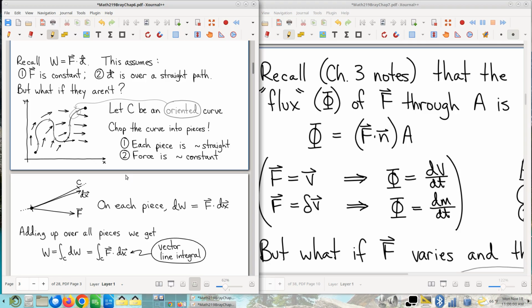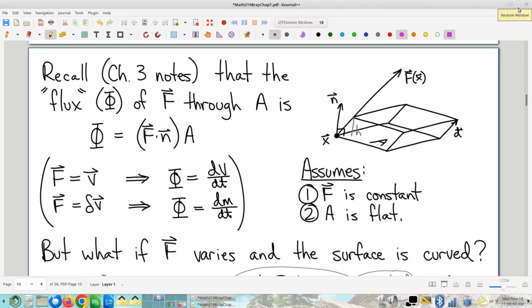That was work. Well, the same thing's going to happen with surface integrals. It's just not work that's going to be that specific application. As it's going to turn out, the specific application we're going to be interested in is flux. Now, quick flashback. Y'all remember we talked about flux back in Chapter 3.